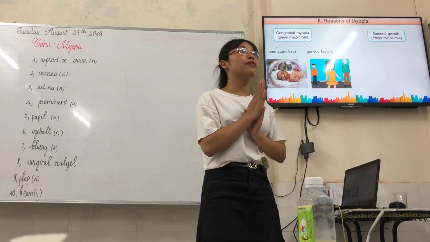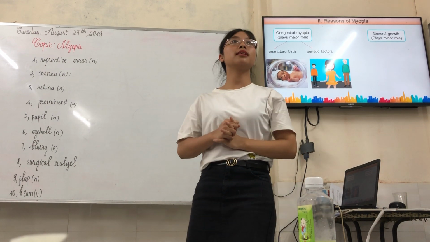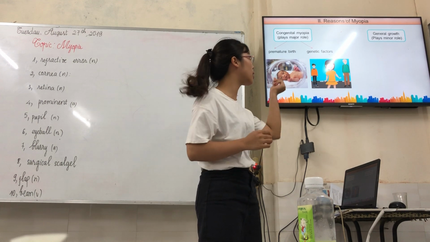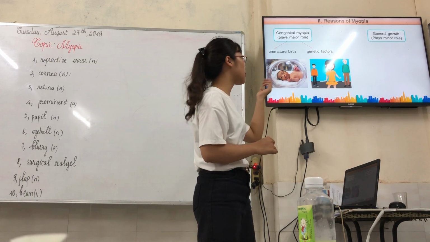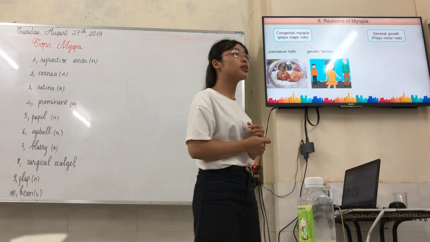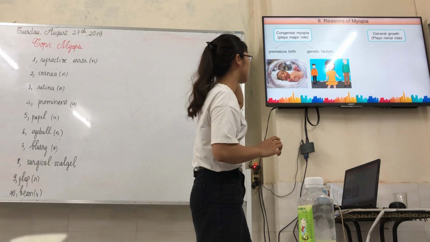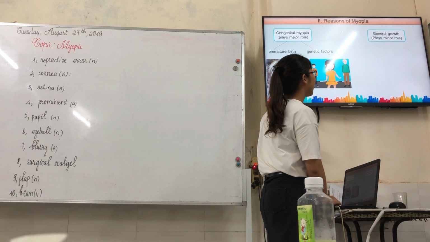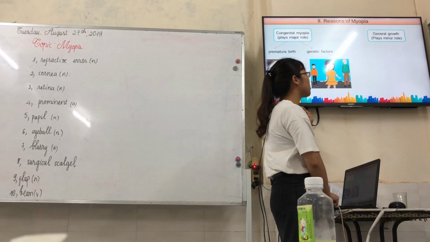It means that because myopia is inherited, if their parents are short-sighted, maybe their children have myopia because of genetic factors. And in general growth, it plays a minor role.